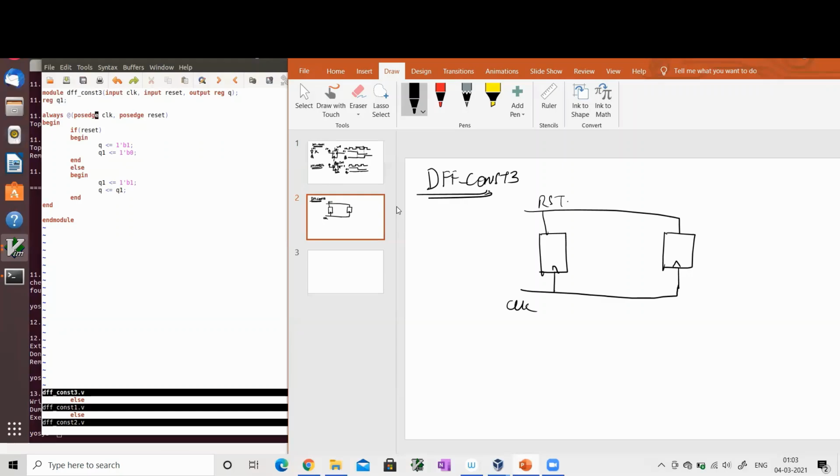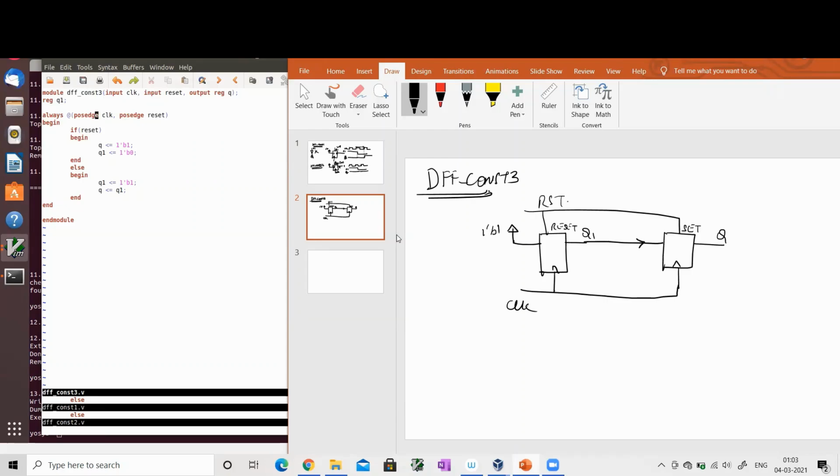That means this is like a set flop, and this is like a reset flop, correct? Because Q1 is becoming 1'b0 upon this pulse, and Q is becoming 1'b1. And the else part is the one which is defining the D logic. So else Q1 gets 1'b1. That means this D pin is connected to 1'b1, and Q gets Q1. That means this output is connected here.